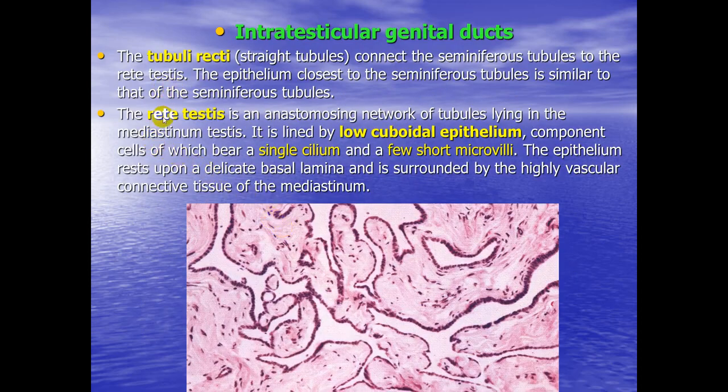So the straight tubules, which form the rete testis, you can see on this section. It is a microslide which shows you the transversal section of this rete testis. You have to understand that all these tubules have the same plan of construction of their wall.